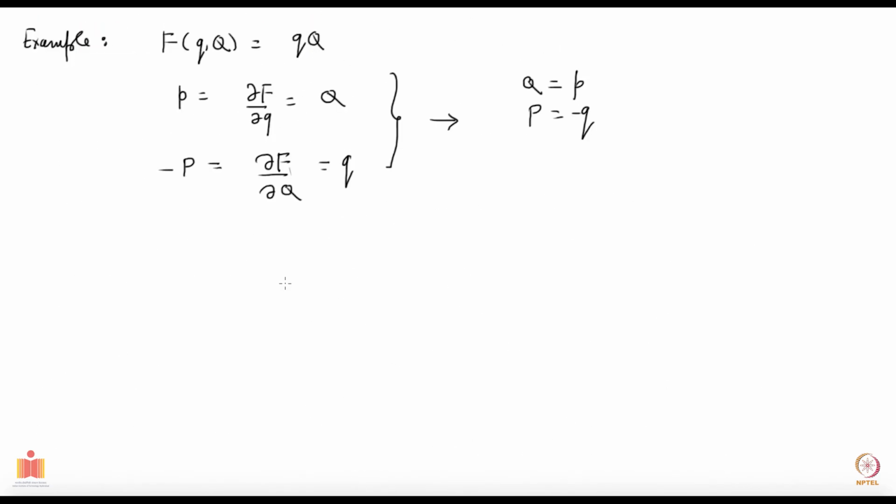And you can see what kind of generating function will produce that kind of transformation. So if you take the generating function to be a product of small q and capital Q, you just interchange the names of coordinates and momenta, and of course the minus sign will be there. Okay, we'll continue with more on this in the next video.